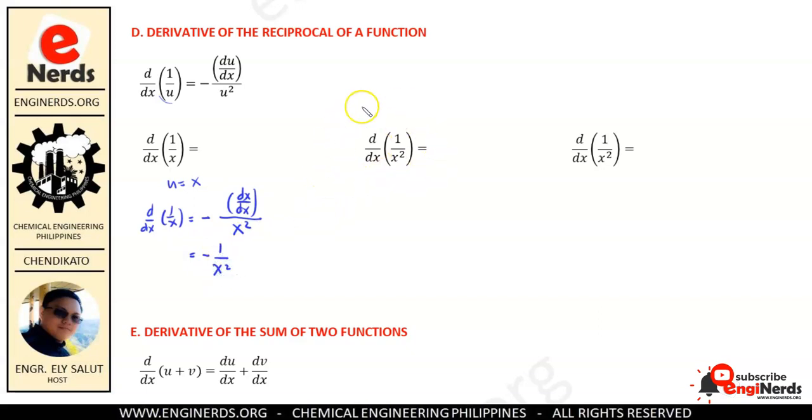Okay, so now let us do that here. We have d over dx of 1 over x squared. So in here, our u is equal to x squared. So our function is really already squared here, right?